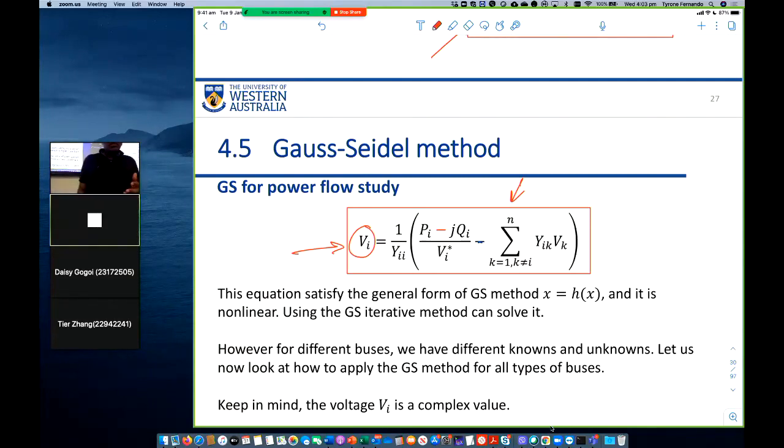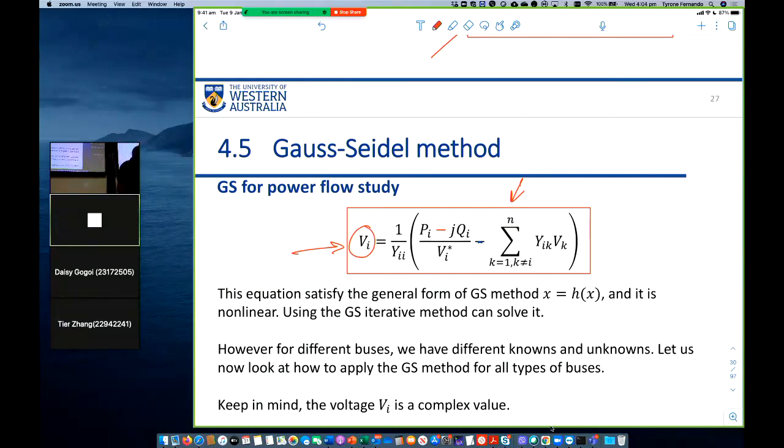If this bus is a load bus, we know Pi and Qi. It's the power injected externally into bus i. So Pi and Qi are known. Vi star is the voltage at bus i. You have an initial guess of that, so you know that as well.